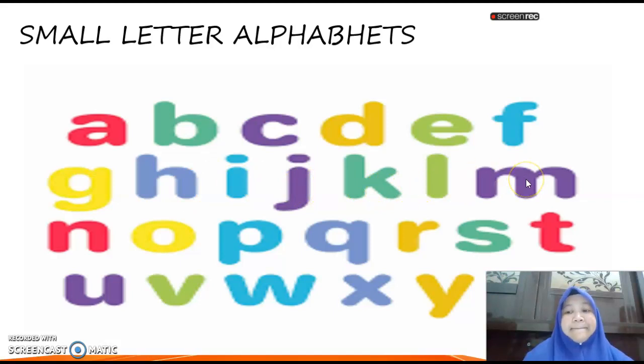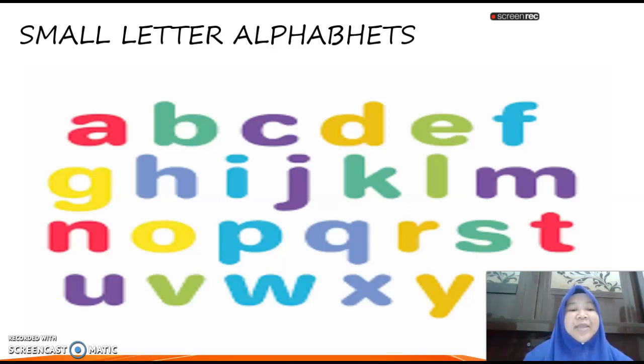L, M. Some of you cannot pronounce the letter M correctly. So when you pronounce the letter M, you have to close your lips. M. And then this one is N. Put your tongue at the end of your lips.